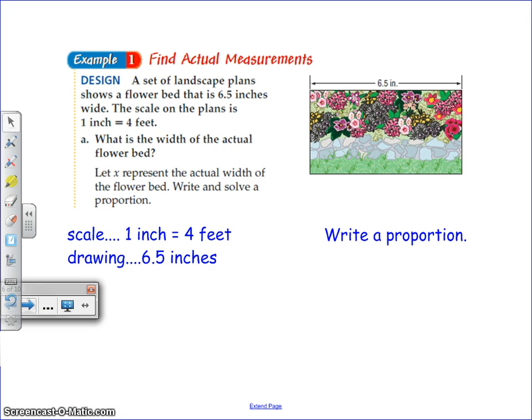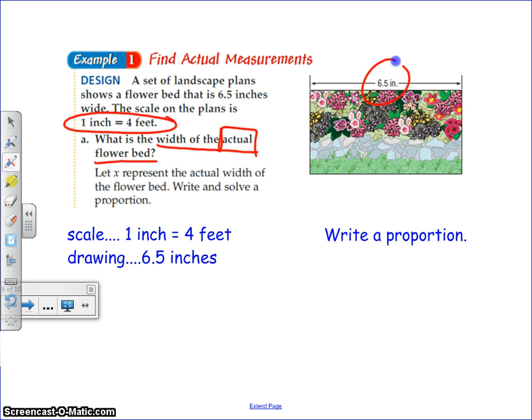Okay, find actual measurements. Example 1. Design. A set of landscape plans shows a flower bed that is 6.5 inches in width. And the scale of the plan is 1 inch equals 4 feet. What is the width of the actual flower bed?